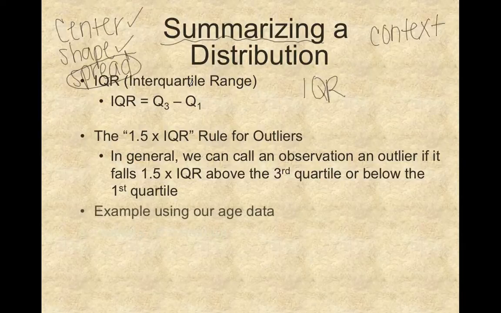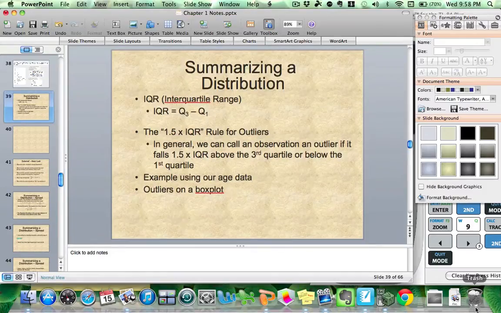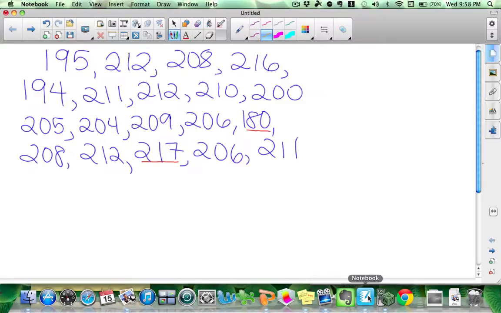And so let's start with an example using the age data that we kept coming back to last week. So let me bring up that data. Okay, and we showed last week how to calculate the 5-number summary.